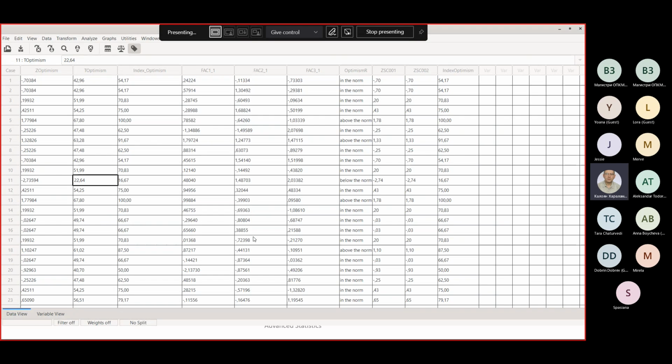And then, okay, here is this new variable, index optimism, and here we can see the numbers: 54, 71, 75, 100, and so on and so on.